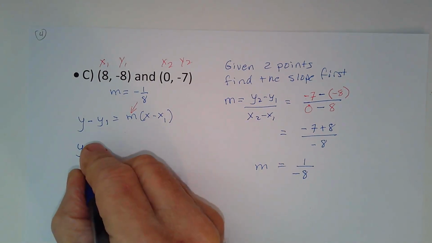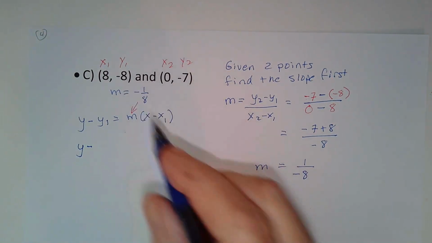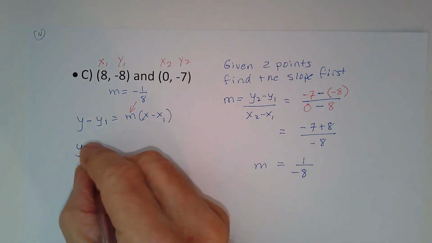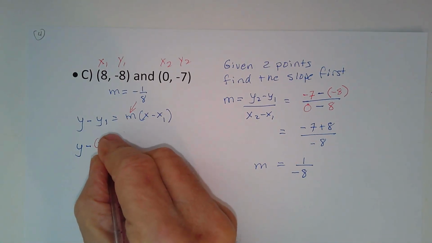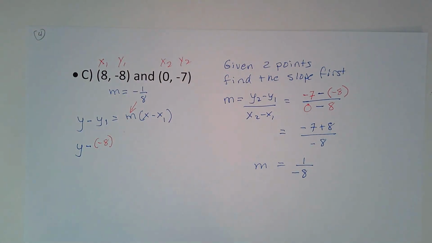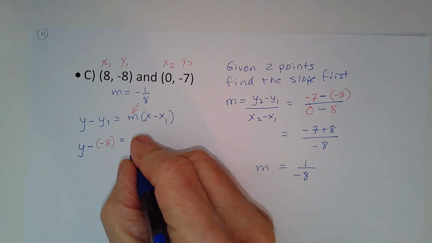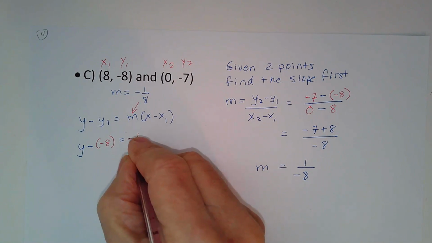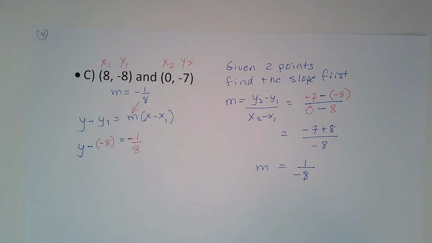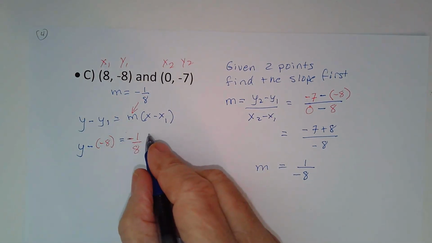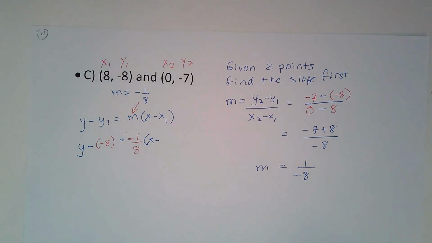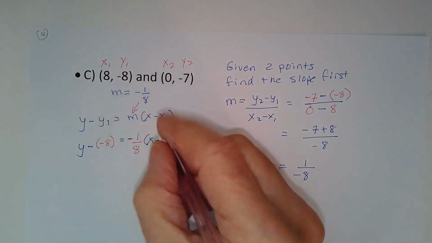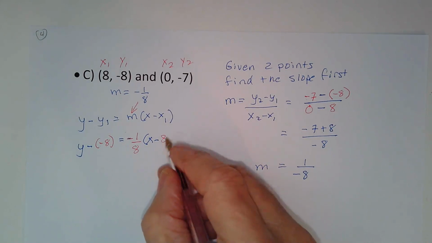So I've got y minus, now my y1 here is negative 8. So I've got a negative going on. I've got to put negative 8 here. And that equals my slope, which is negative 1 over 8, times x minus, and my x1 is positive 8. So that comes out as negative 8.